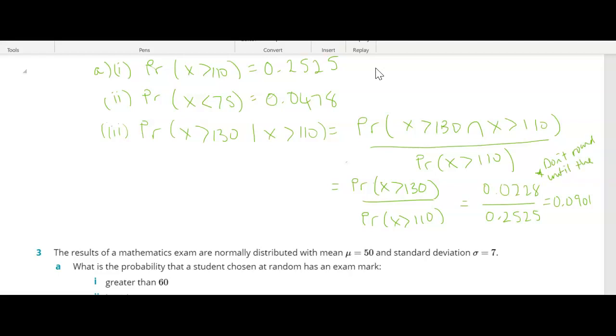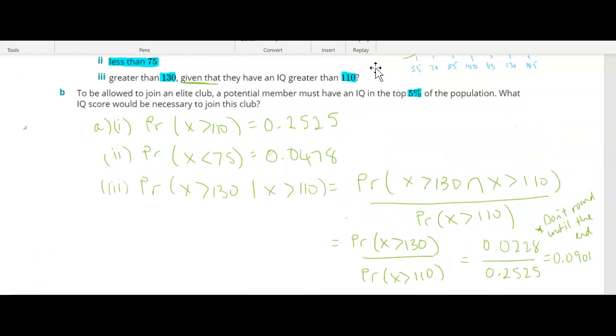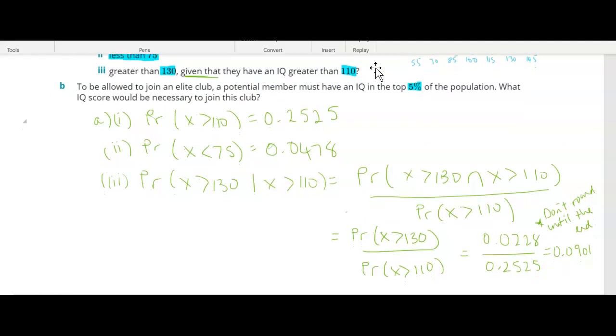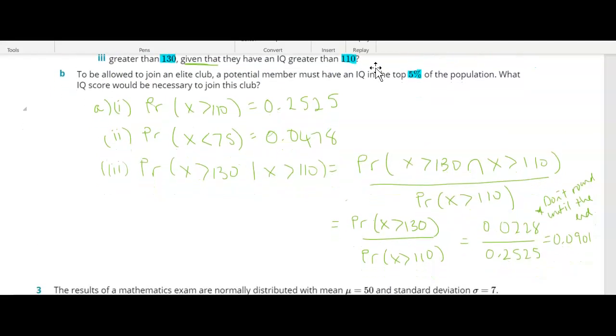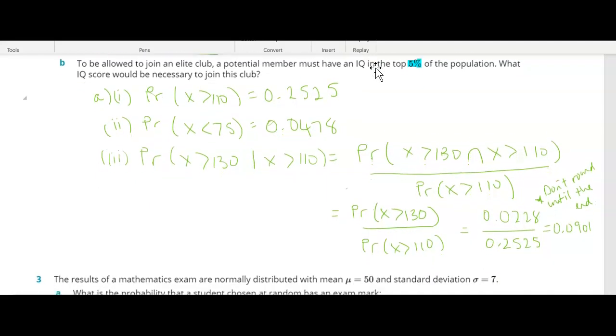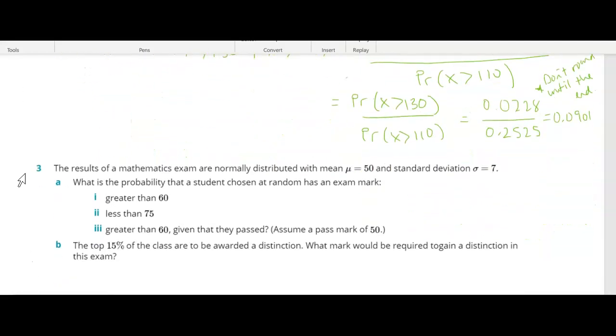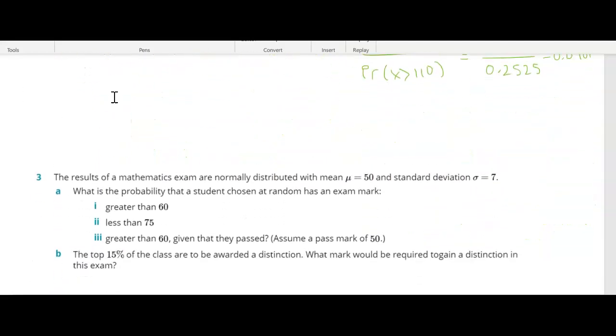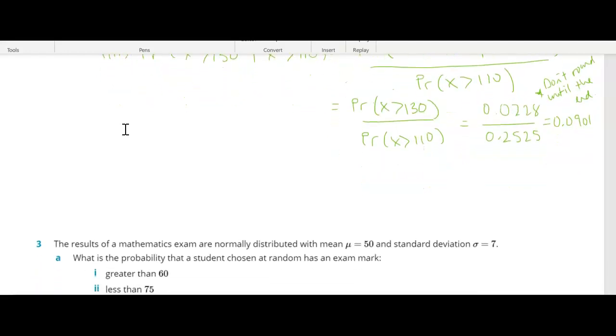Then question B: to be allowed to join an elite club, a potential member must have an IQ in the top 5% of the population. What IQ score would be necessary to join this club? So for question B, we want the top 5%.